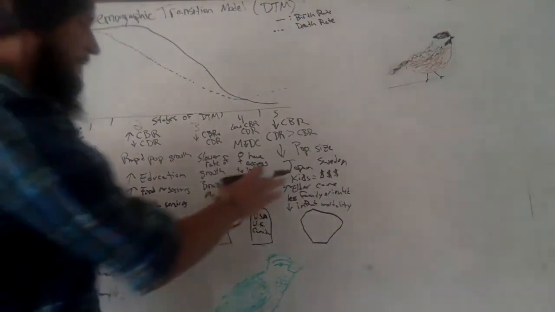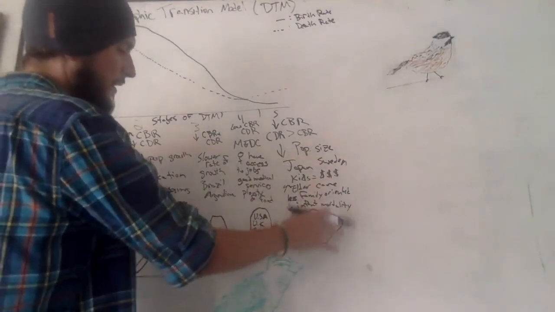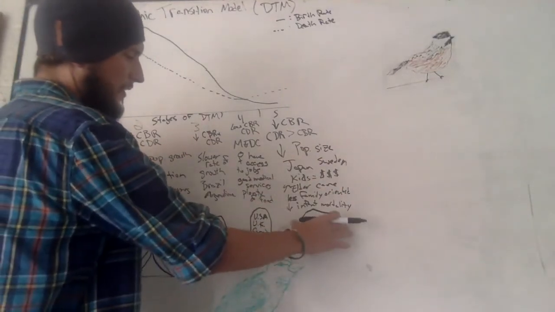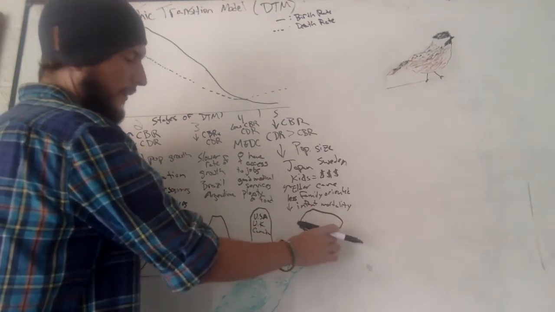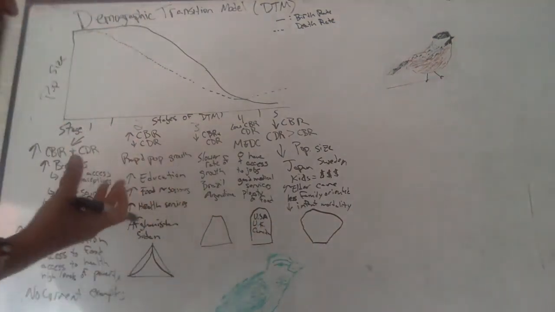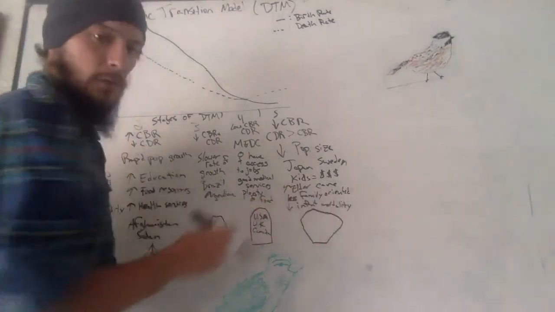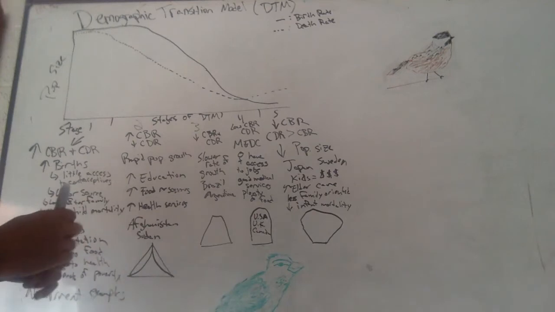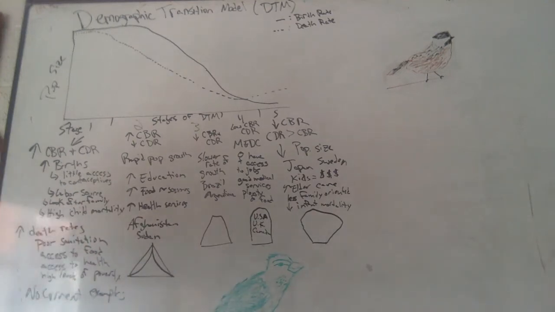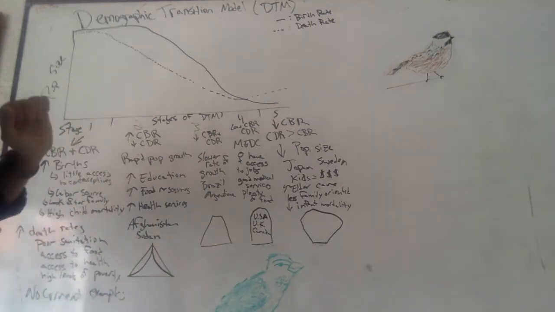Great, so Japan and Sweden are seeing this, where your population is going to get older and older, and then you're going to have a smaller population of working folks to actually support that really old retired population. So for your specific country, you should try to consider which stage it is in.